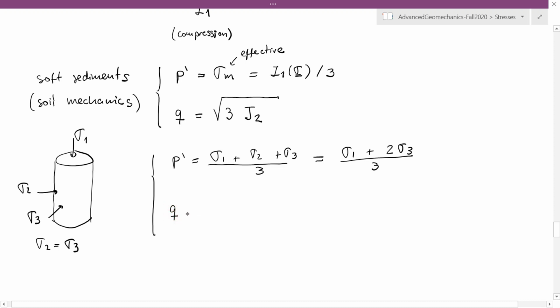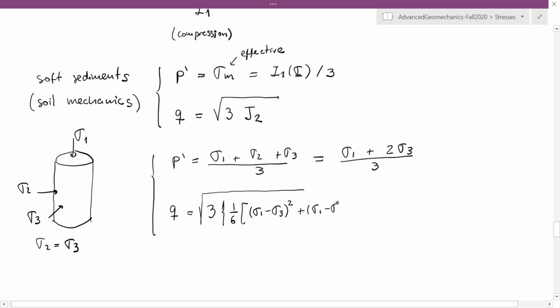Q is going to be equal to the square root of 3 times J2, and the definition of J2 is 1/6 of the summation of the squares of the difference in principal stresses. So we know that sigma 1 and sigma 3 are different, and we know that sigma 1 and sigma 2 are different.